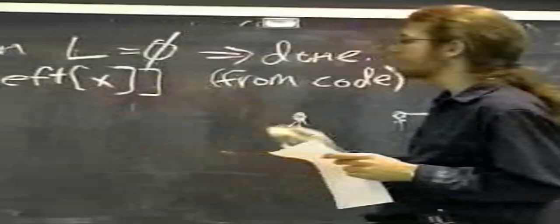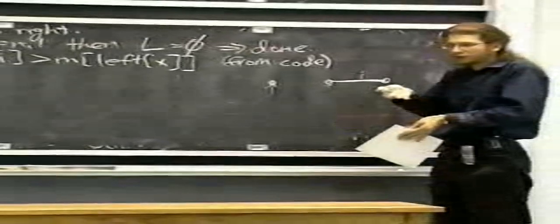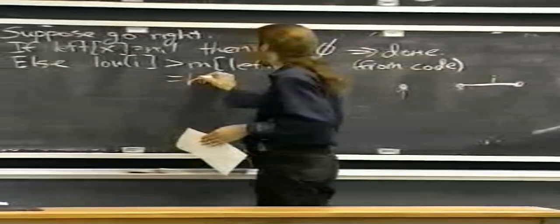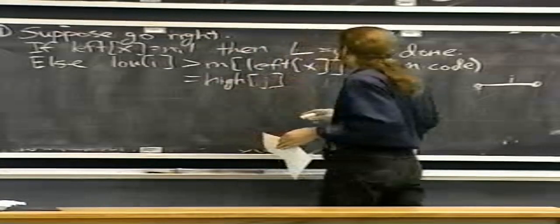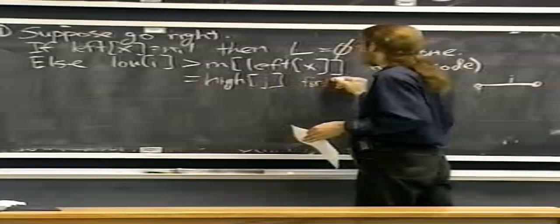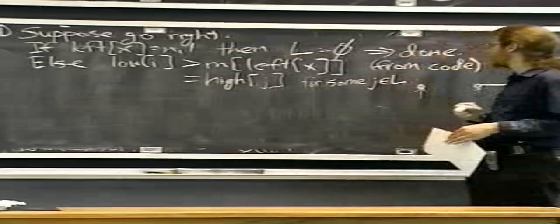Okay, so m of left of x is you look in the left subtree, you find the rightmost, or the highest high endpoint. Okay, so this is high of j for some interval j, for the sort of rightmost interval j. For some interval j in the left subtree.